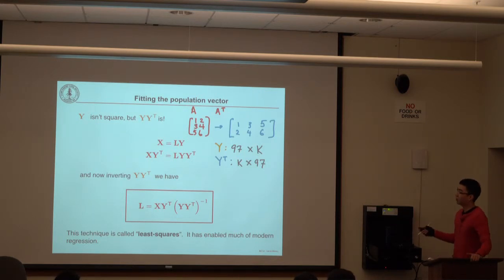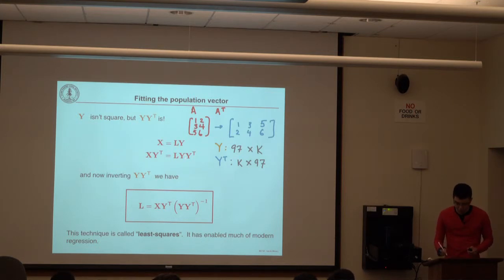So all I'm going to do now is take our equation X equals L times Y, and do something that we can always do: multiply it by the same thing. So I'll multiply the right side by Y transpose, and I'll multiply the left side by Y transpose. And now at this step, we'll take the square matrix and invert it.